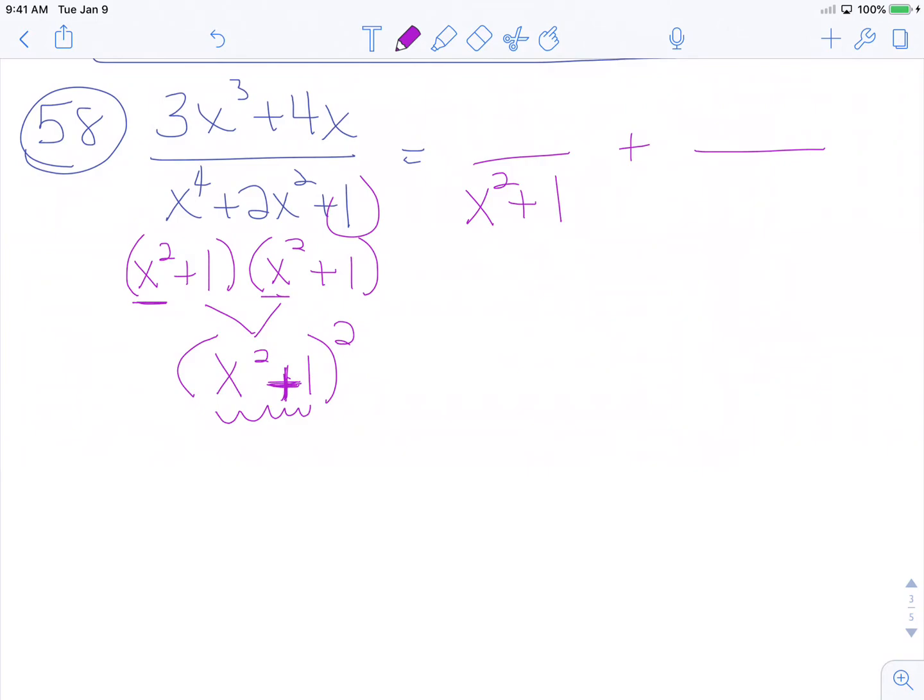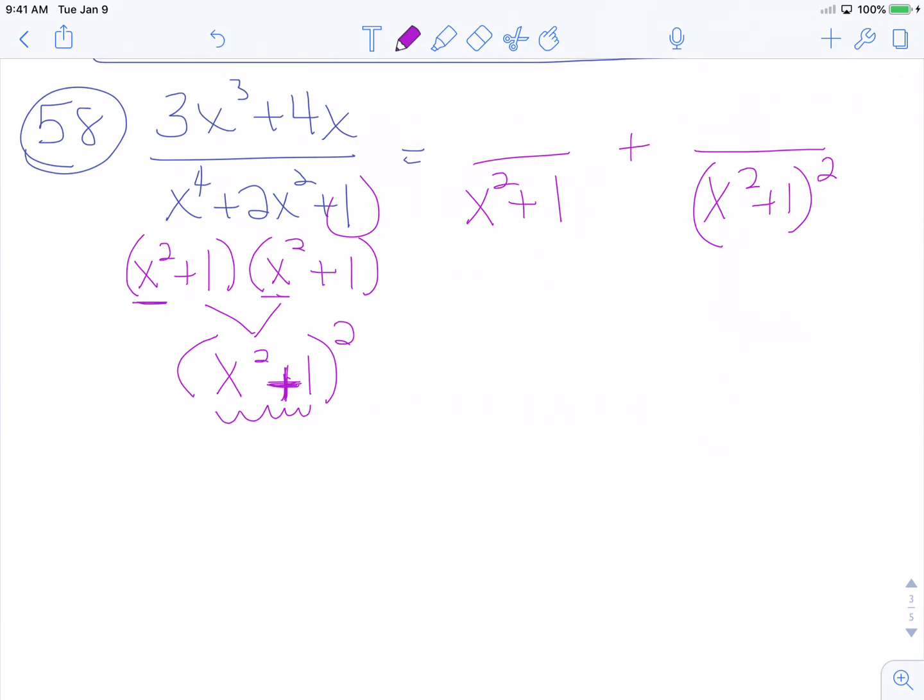And then the second denominator is still the x squared plus 1, but then it has the power of 2. If this denominator was cubed, then I would have a third fraction that said x squared plus 1, and then it would be cubed. So when you have something that has a power, it's called a repeated, in this case quadratic, and every power has to be written as a separate fraction.